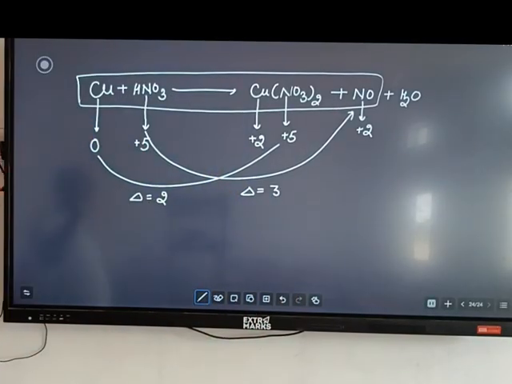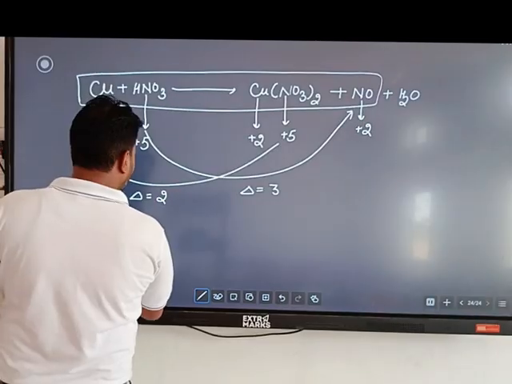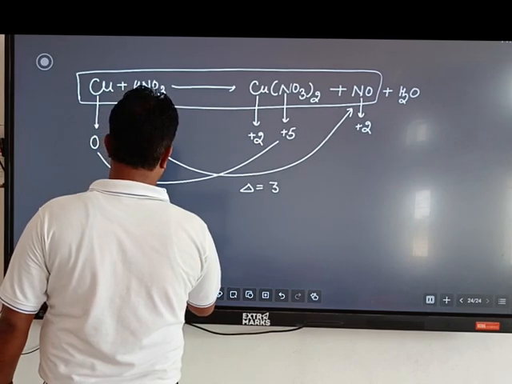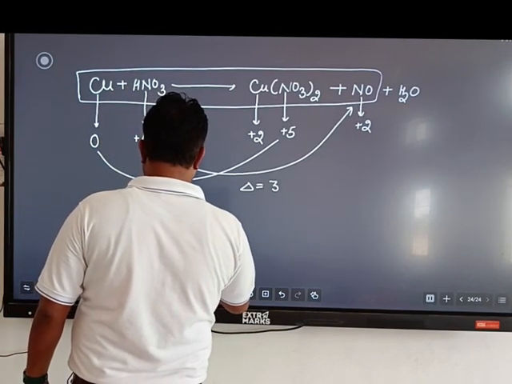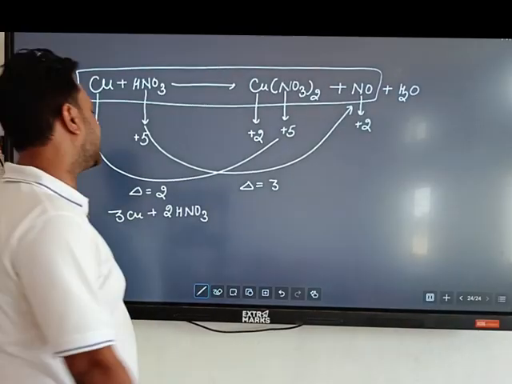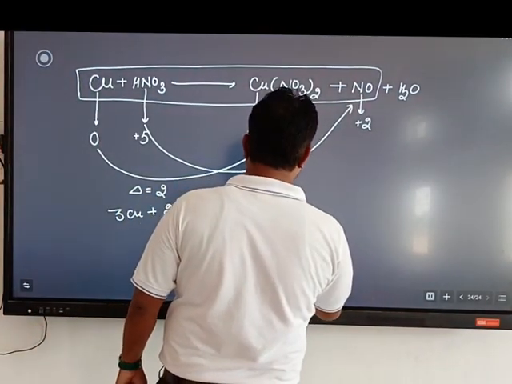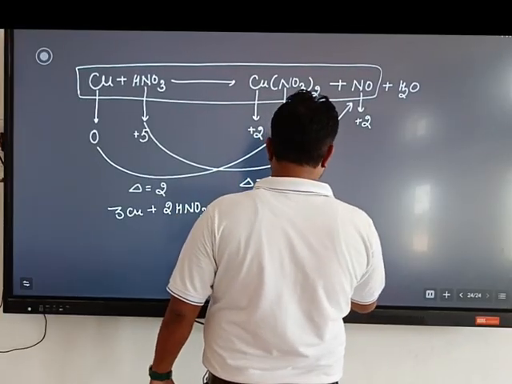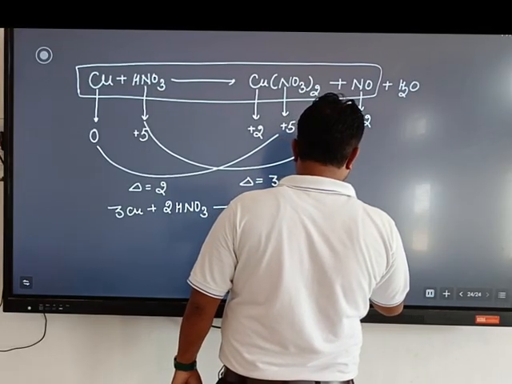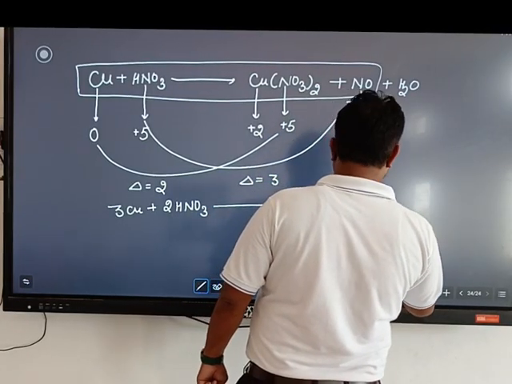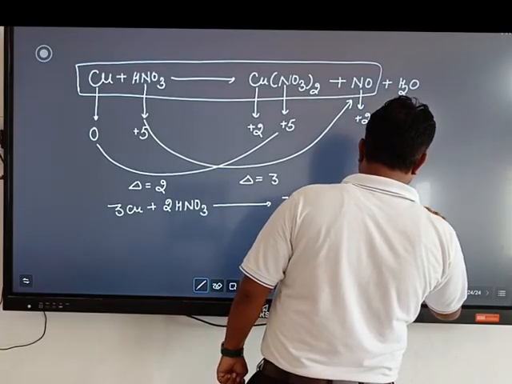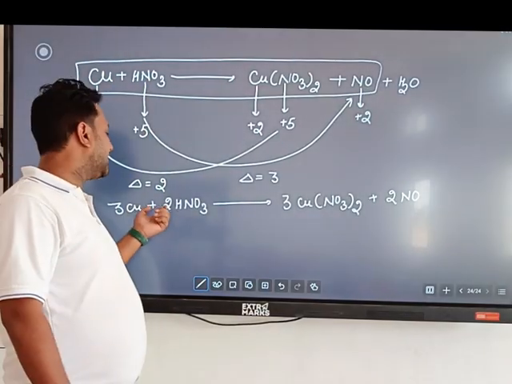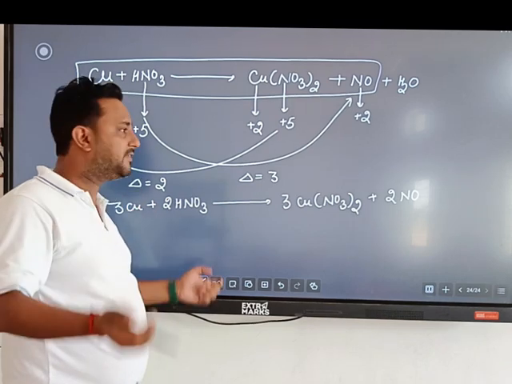So after that we will cross multiply these changes. After the cross multiplication, 3 times of Cu, Cu(NO3)2 plus 2 times of NO. Now we are going to calculate the number of that element for which the reaction is redox as well as non-redox.